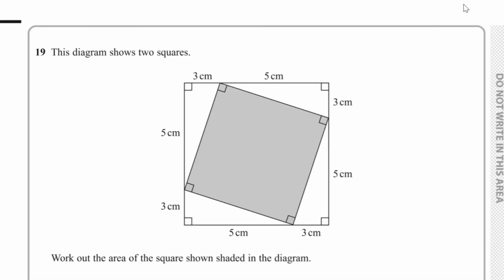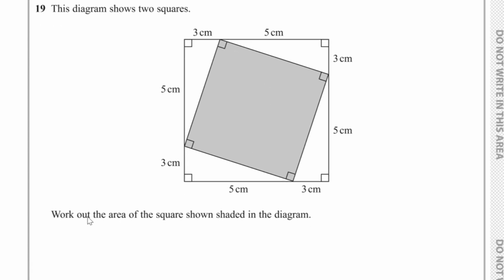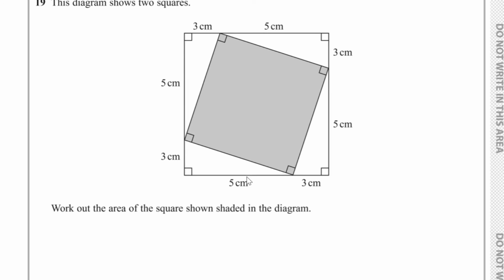Question number 19. This diagram shows 2 squares, and what we have to do is work out the area of the square shown shaded in the diagram. Well, what we can do is find out the area of these 4 little triangles, the area of the large square, and then subtract them.